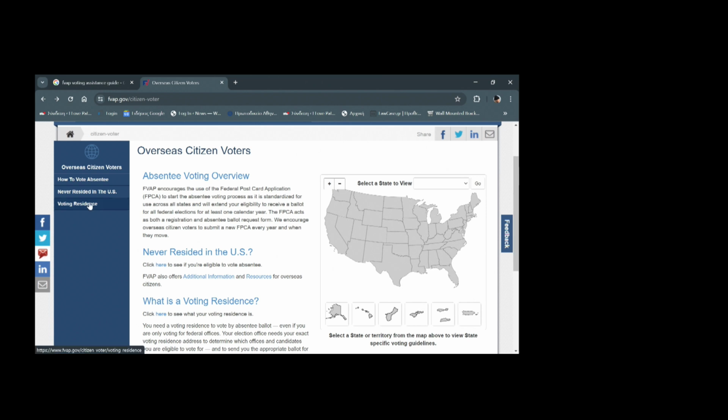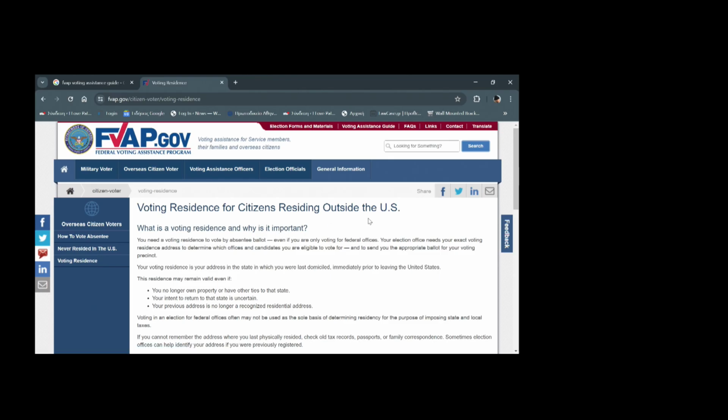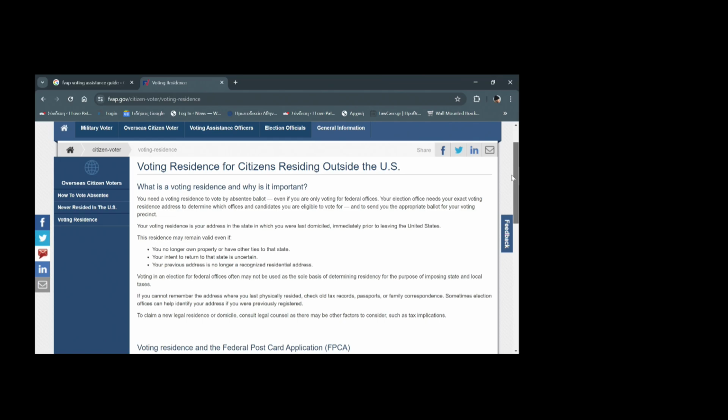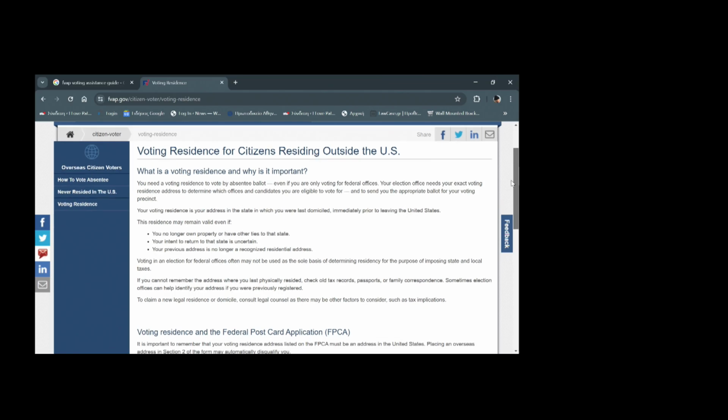Now, we spoke about the voting residence, which is very important. Please read also the instructions on the FVAP website. And we want to make sure that you understand that you don't have to currently reside at this address.